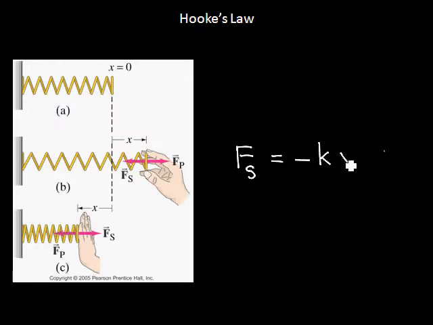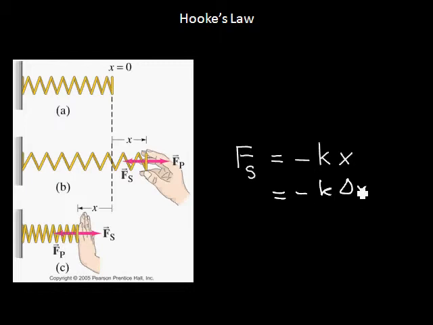Sometimes you'll see this written as minus k times delta x, where delta x represents the change in length of the spring from its original relaxed length.